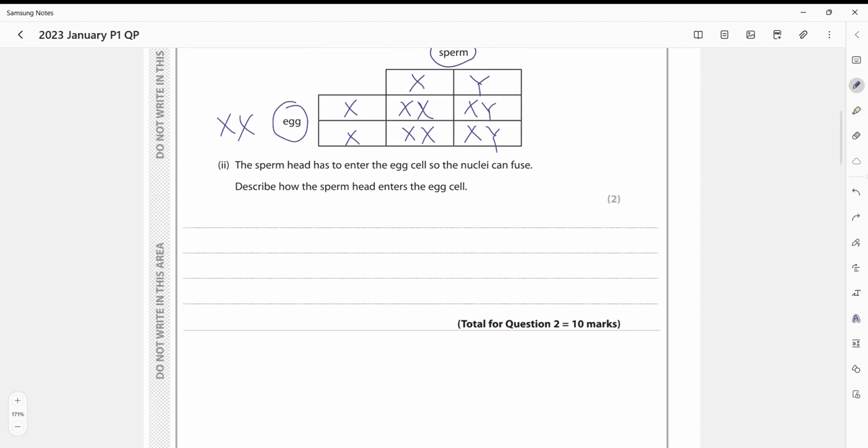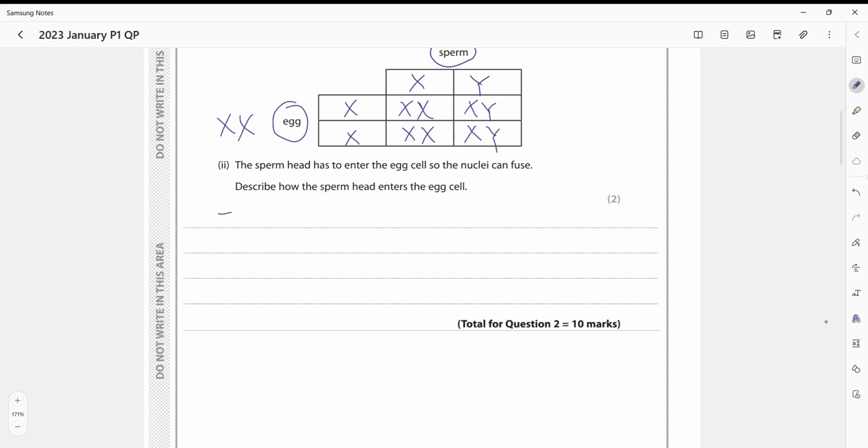All right, the last part. The sperm head has to enter the egg cell so that the nuclei can fuse. Describe how the sperm head enters the egg cell. So at the tip of the sperm, where the head is, you have this thing called the acrosome. So the acrosome contains digestive enzymes that would break down the egg cell membrane.